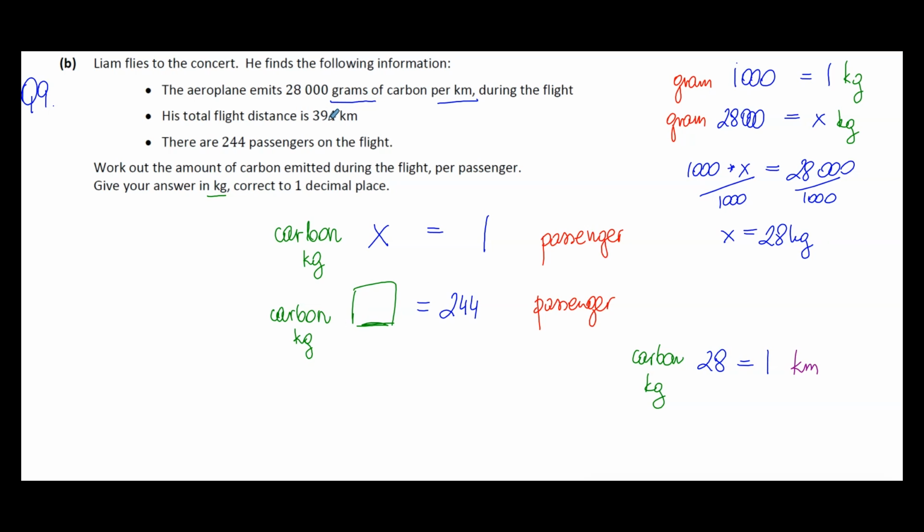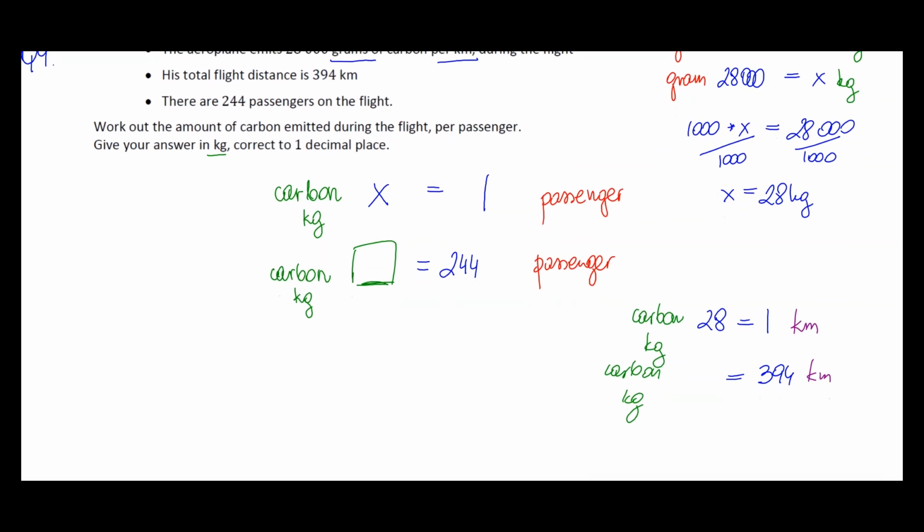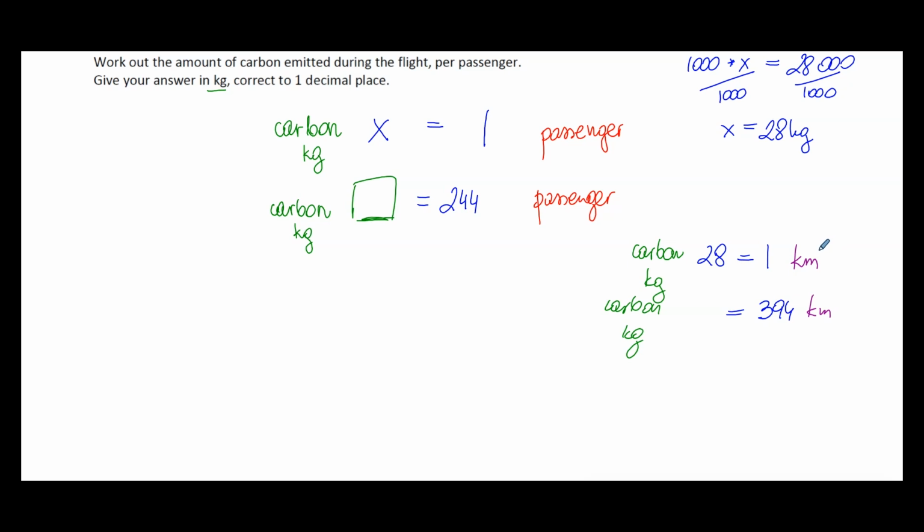How many kilometers is he flying? He's flying 394 kilometers. And here I can calculate how many kilograms of carbon that flight will emit. Now, I still need to have a conversion per passenger, but we will get there. So 28 per 1 kilometer, therefore x per 394.